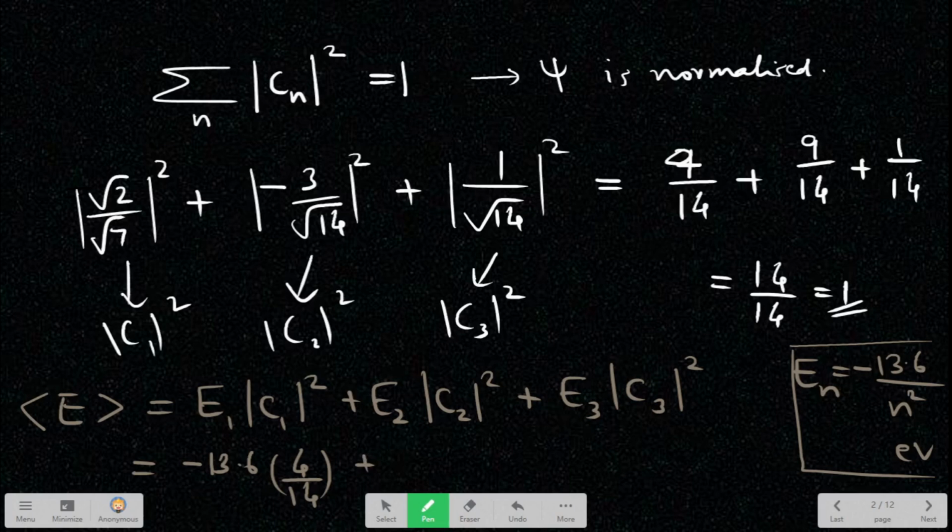Plus E2 is minus 13.6 divided by n square. N is 2, so minus 13.6 divided by 4 in units of eV times C2 mod square, which is 9 by 14, plus E3 is minus 13.6 divided by 3 square, which is minus 13.6 by 9, times C3 mod square, which is 1 by 14.